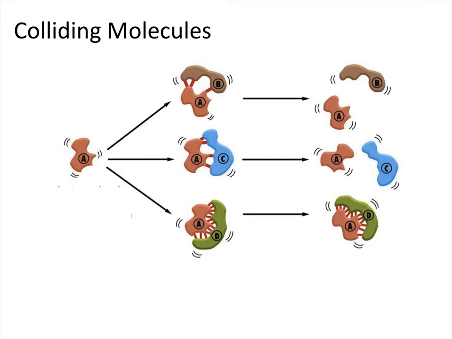So some take-home messages from this figure are, keep in mind these red lines each indicate non-covalent interactions. And that the more of these non-covalent interactions that are present, the longer two molecules will associate with one another or bind to one another.